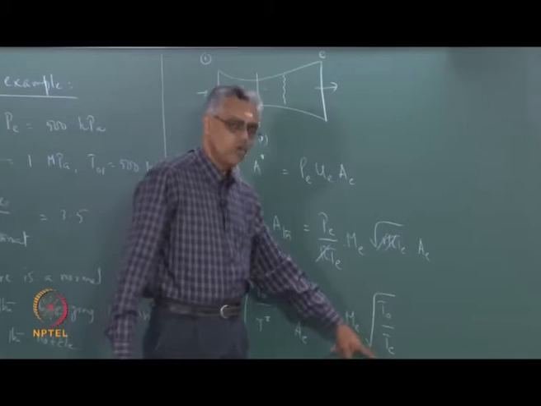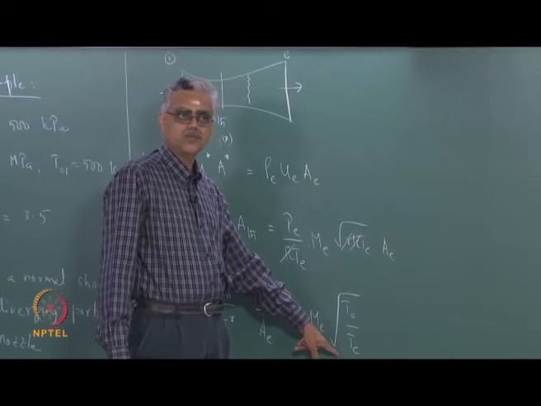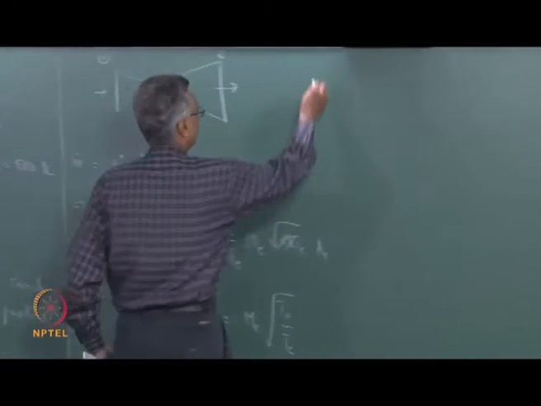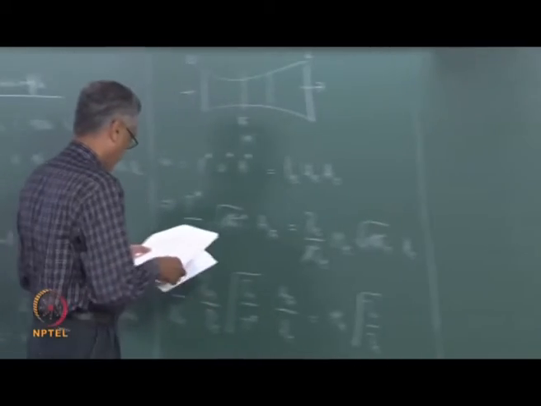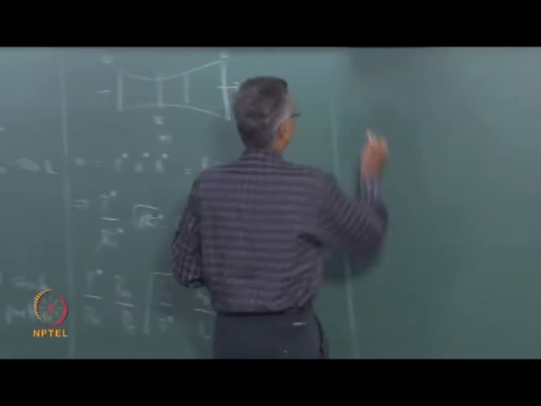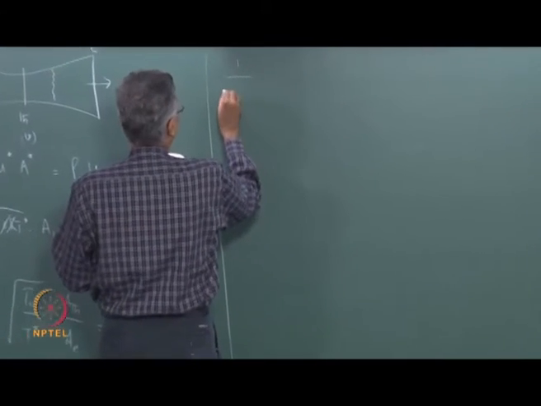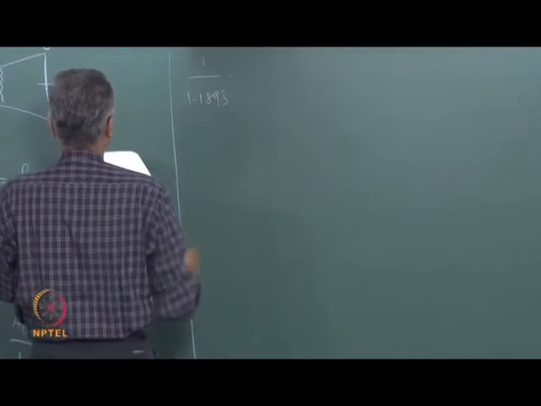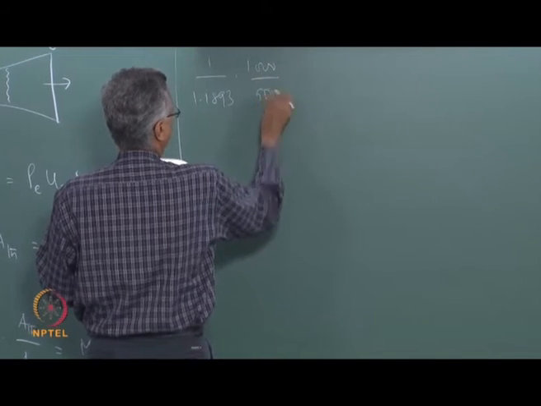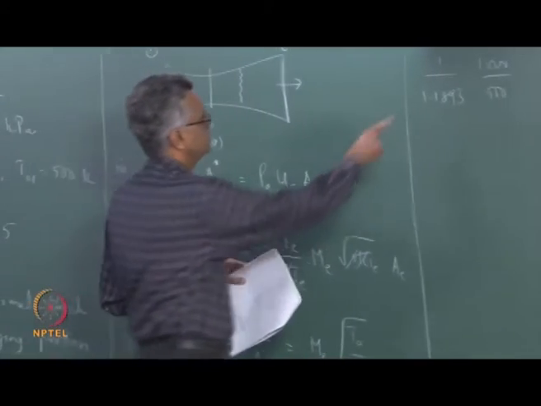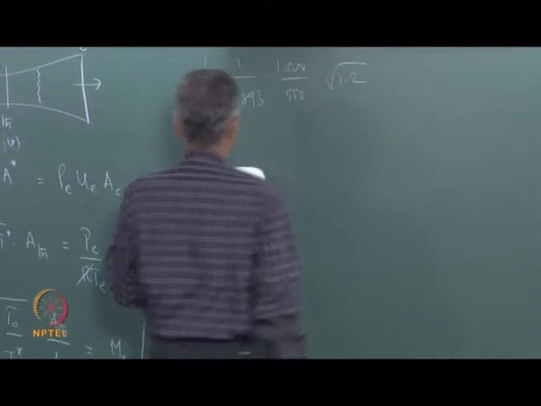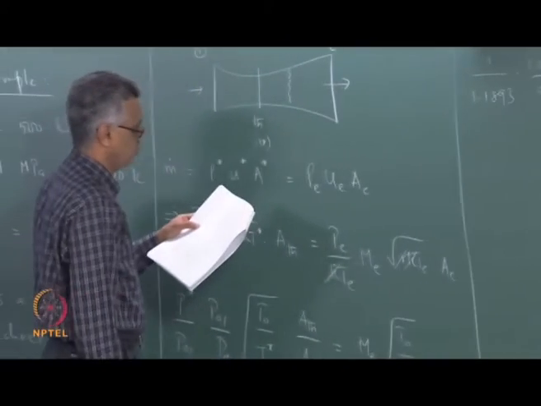Now T0 over TE I can write in terms of the Mach number at exit, so that means I am left with only one unknown, correct. So let us go ahead and do that and see what we get. P star over P01 from the tables comes out to be 1 over 1.893, and P01 over P exit can be written as 1 megapascal, which is 1000 kilopascal, divided by 500, and this is square root of 1.2, because it is gamma plus 1 over 2.